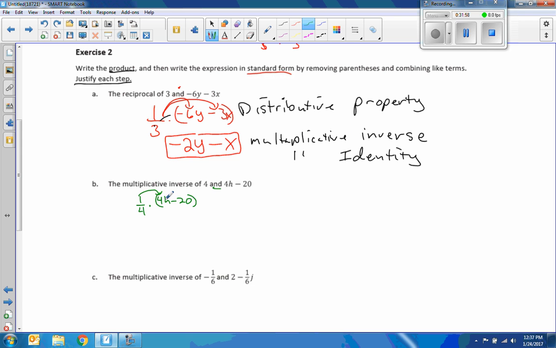First we distribute. 1/4 times 4 is 1h. 1/4 times a negative 20 is a negative 5. So the multiplicative inverse was multiplying by 1/4, and I got the multiplicative identity when I multiplied 1/4 by 4. Because the inverse of 4 and 4 are multiplicative inverses and give us the identity 1. It is in standard form. The answer is h minus 5.